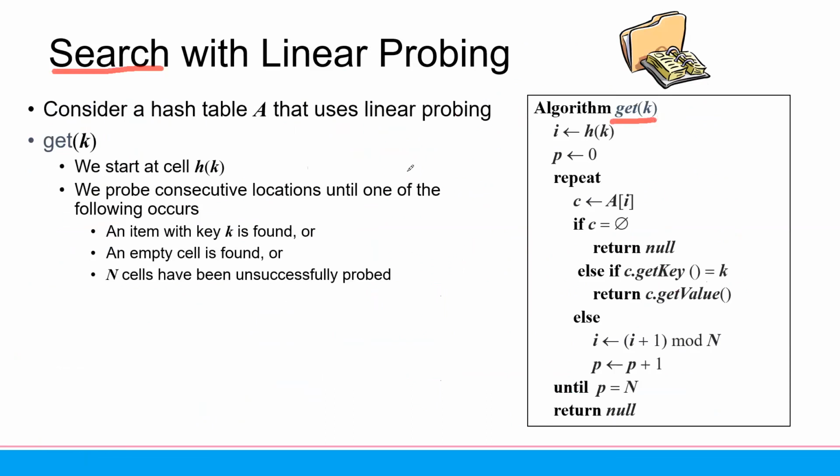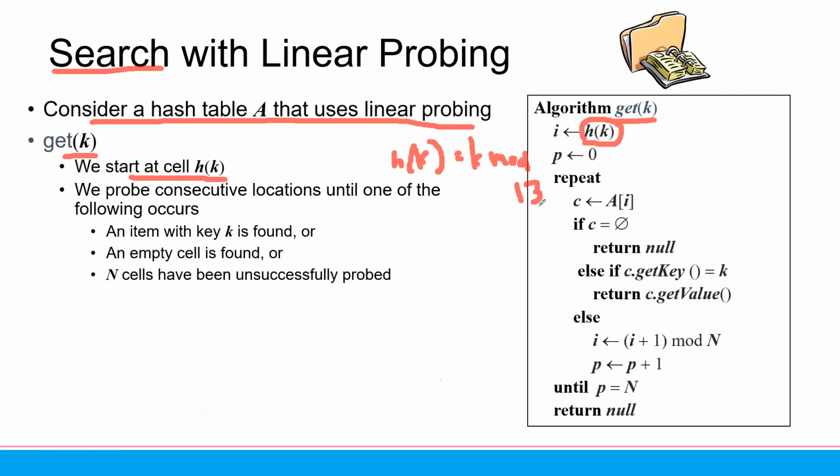In this case, we have the hash table A, and if A uses linear probing, then to get K we start at the cell h(k). We know this is the compression function. In this case, h(k) is k mod 13 in the previous example.